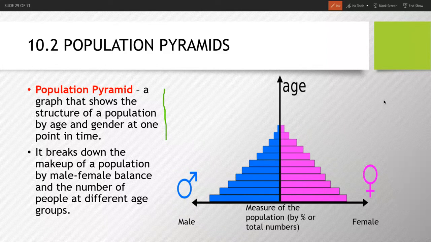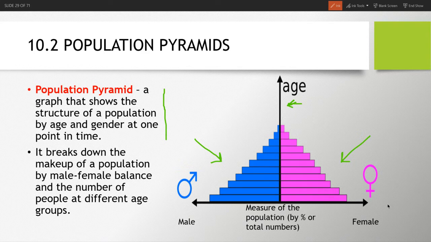So, for example, here on the left, on this side, we have the male population, usually on the left, and it's quite often indicated in blue. And on the right here, we've got some pink bars, or sometimes they're red, which are used to indicate the female population. And this line going up the middle will show ages of population.